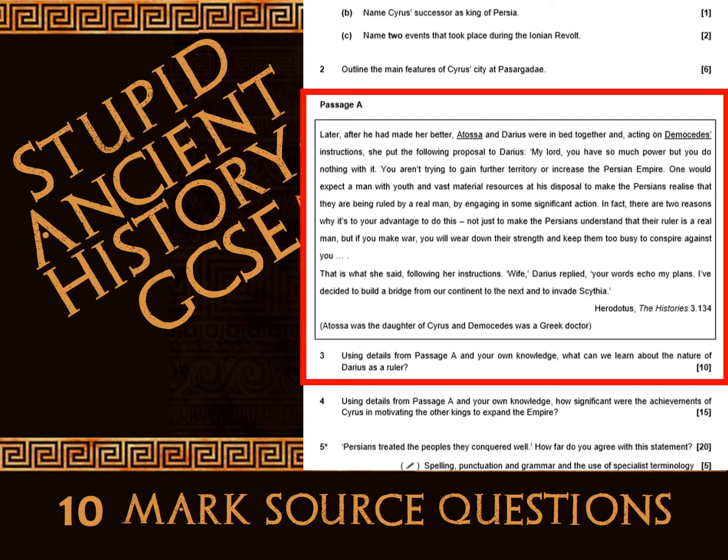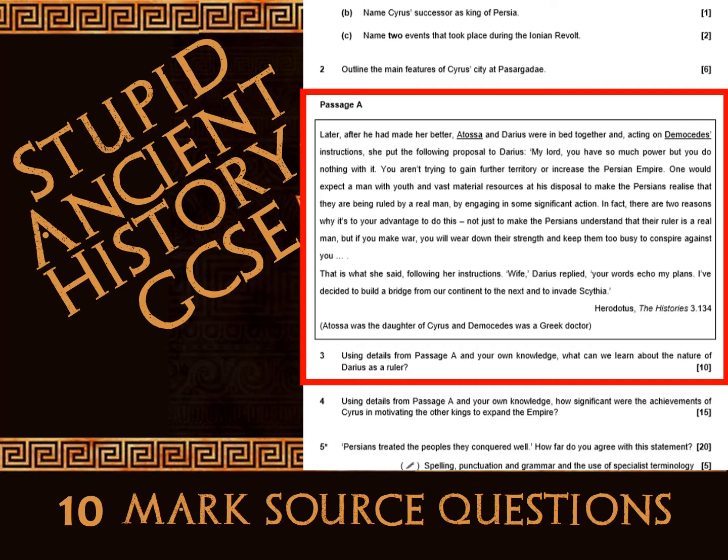So as we've said, we're looking at the 10-mark source question that appears on the period study papers. These are the compulsory bits that you have to do, there's no way around them, and they are the first section of both the Greece and Persia paper and the Rome and their neighbours paper. So if you look on the screen, there's an example of, well, this is the specimen paper from OCR.